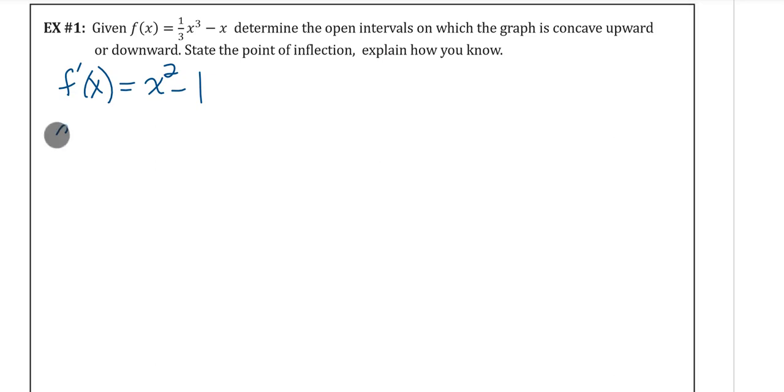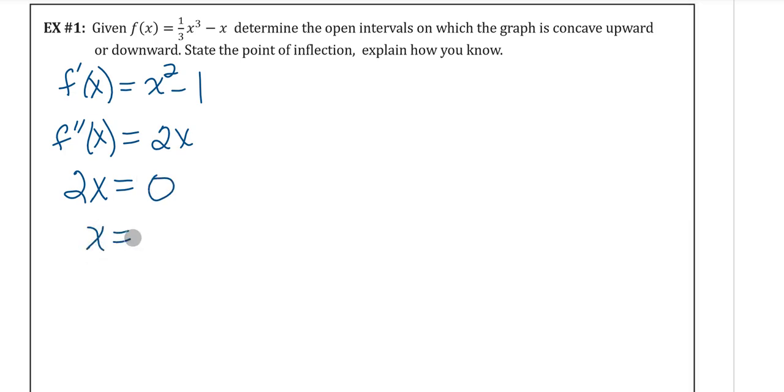And the second derivative, f double prime of x, is 2x. To find the possible inflection points, we set this equal to 0. So right now, we're saying that x equals 0 is a possible inflection point.